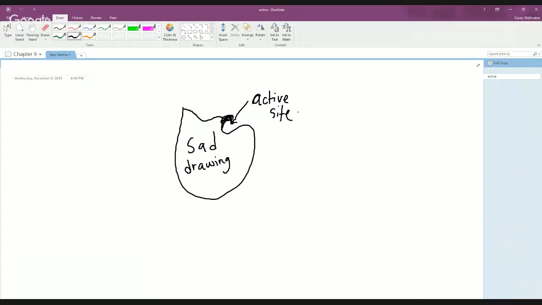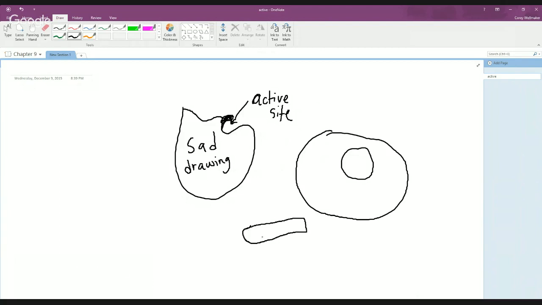Jared, glycolysis occurs in the cytoplasm of a eukaryotic cell, and it also occurs in the cytoplasm of a prokaryotic cell, because there are no membrane-bound organelles in a prokaryotic cell. But even in eukaryotic cells, it occurs out here in the cytoplasm.